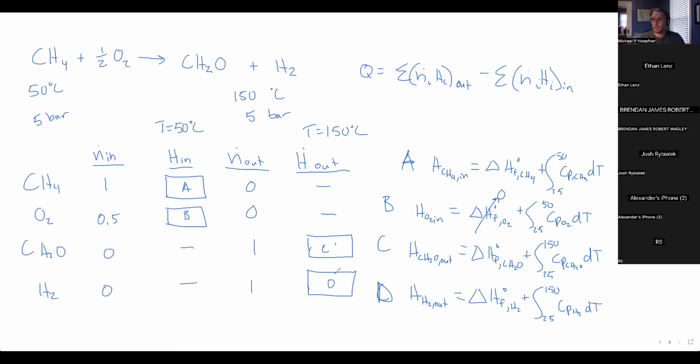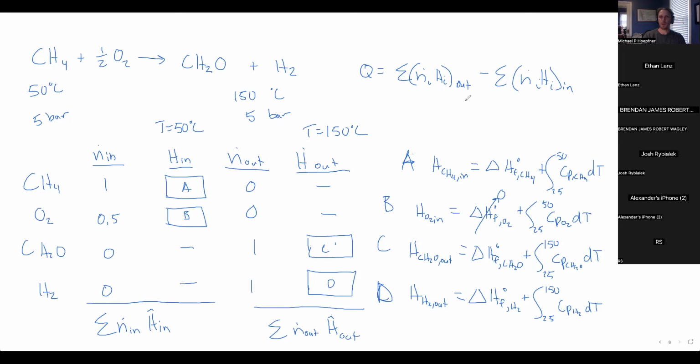So the final step to determine my Q is I calculate the summation of the inlet flow rates and the inlet enthalpies. I calculate the summation of the outlet flow rates and the outlet enthalpies.